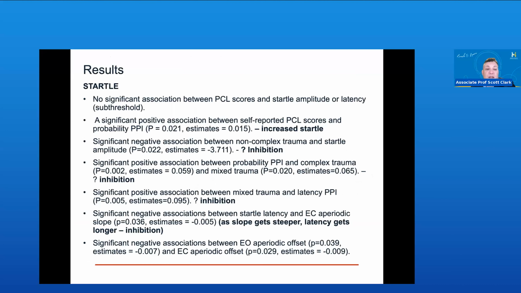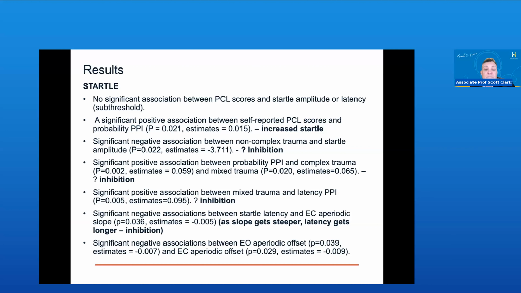And so interestingly, what we found here is that there was no significant association between, again, the trauma scores and startle amplitude or latency. There were a number of different measures that we used. We did find a significant positive association between self-reported PCL and probability. So this is over time, the likelihood of an increased startle, which suggests that those with more PTSD had an increased startle response.